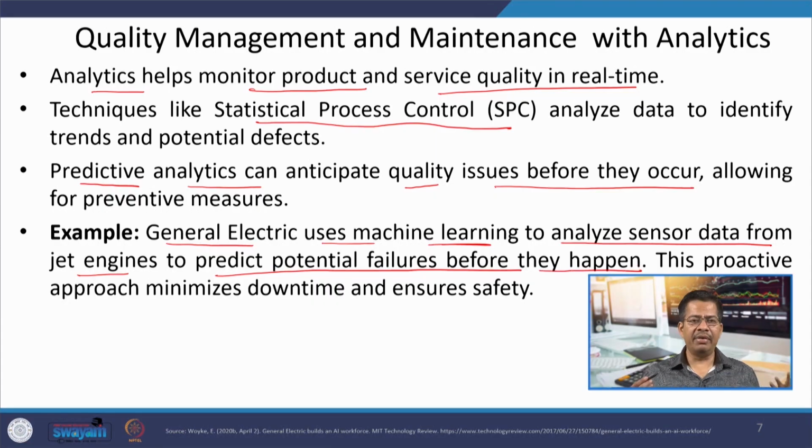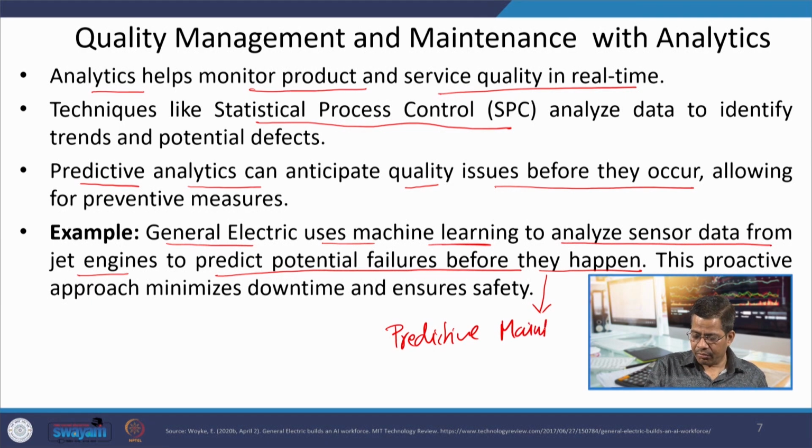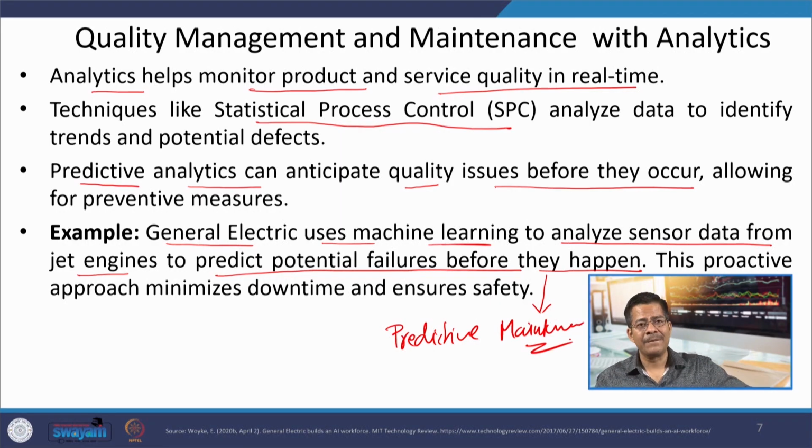You may have heard the names of different types of maintenance approaches, and among them predictive maintenance is considered to be best, because it minimizes the cost of maintenance also, because many of us believe maintenance is a cost center.